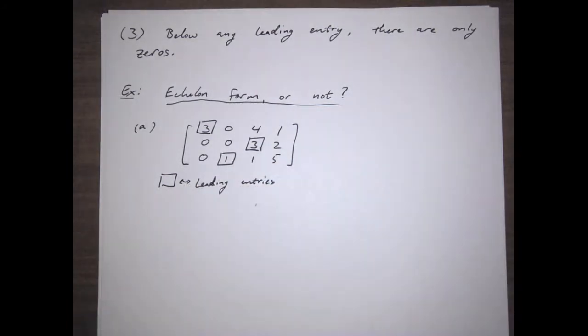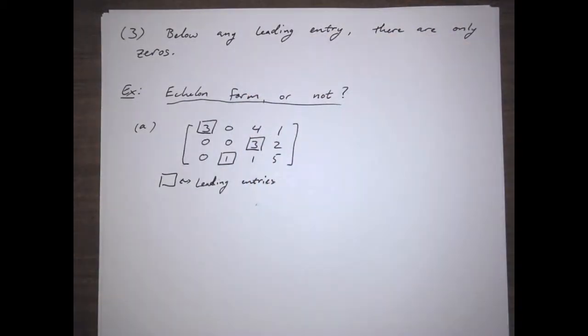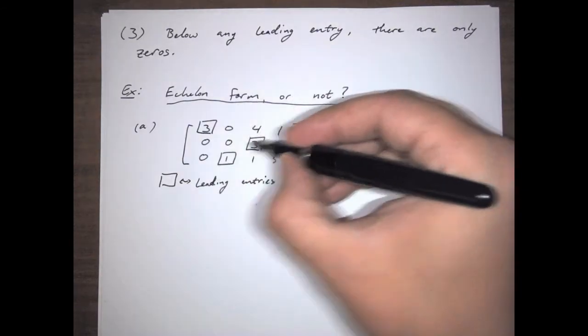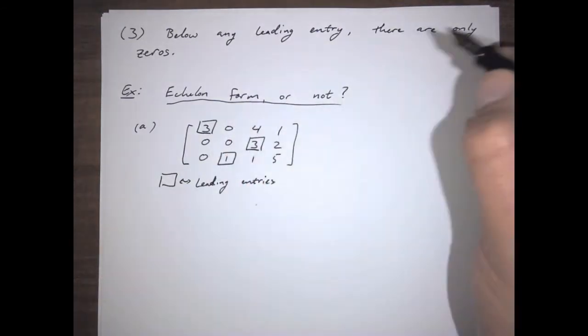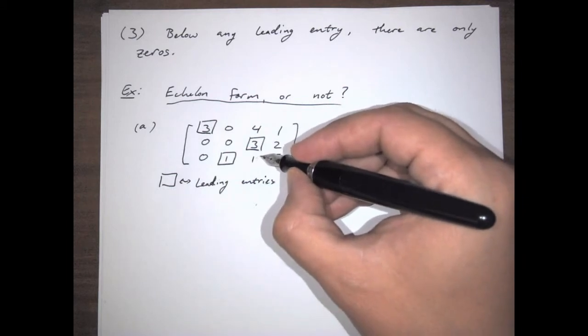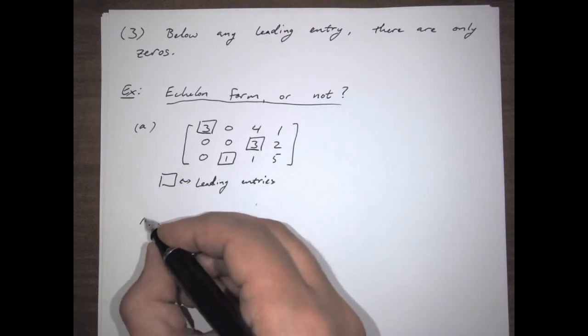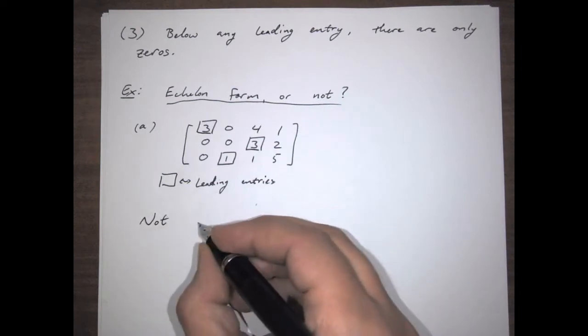Then you can see that this fails both conditions 2 and 3. The leading entries are not moving to the right as we go down. It goes over here, but then it goes back over here. Also, you can see that below this leading entry, there are things besides just 0. So this is not echelon form.